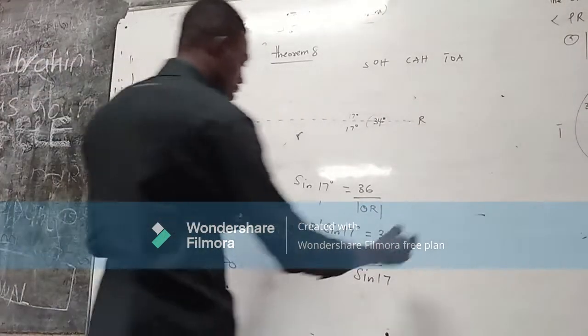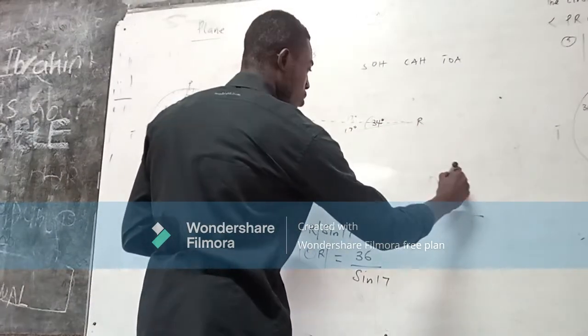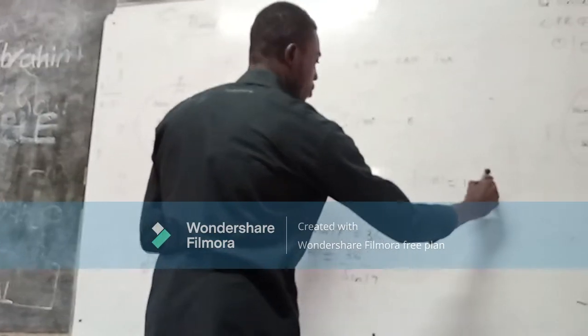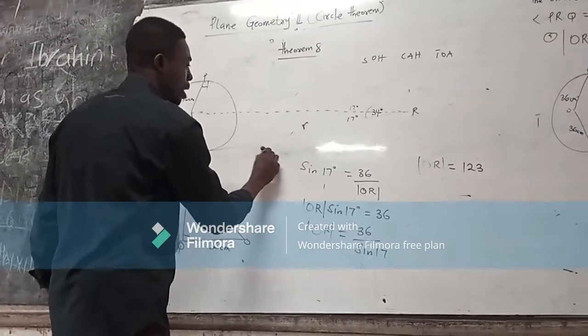So means that the distance OR is going to be 1, 2, 3. This is the A part.